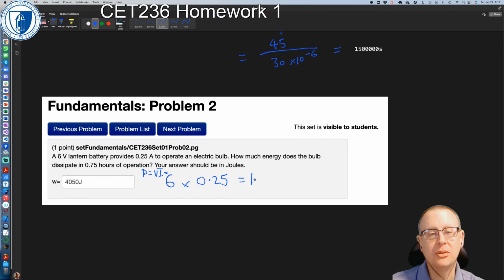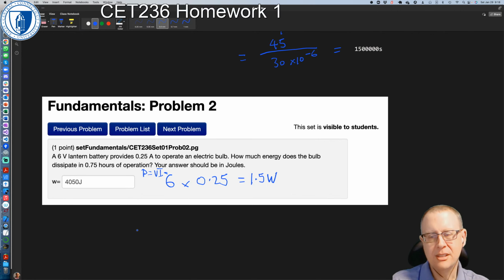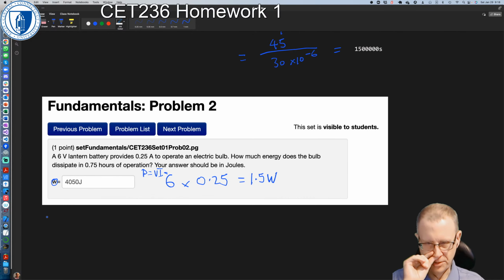That's 1.5. And our answer, this is in watts. Okay, and now the question is, how much energy? I think the question might be a little bit misleading, because W is not usually what we use for energy. I'm not sure why it's set up like that.